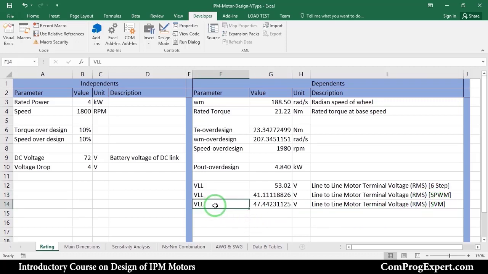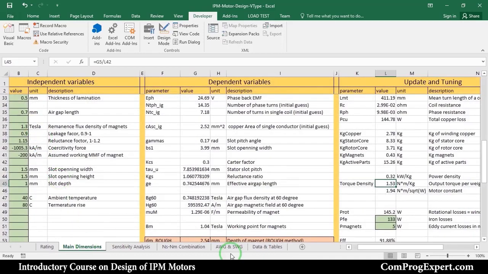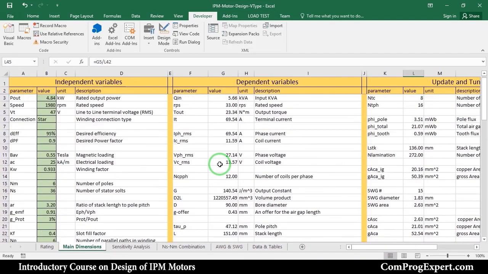I selected this as space vector modulation in this design. So I set the value of line-to-line terminal voltage equal to 47 volts. And here we can select the motor connection, delta or star connection.